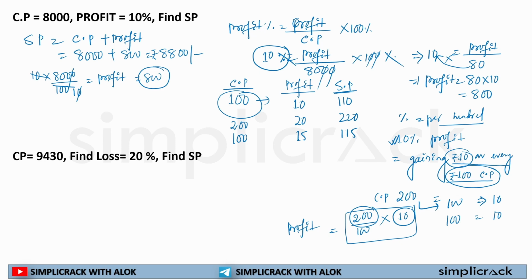I hope now you know the second method. So how to find out profit? The formula for profit is equal to profit percentage multiplied by cost price divided by 100. So this is how you will get your profit.